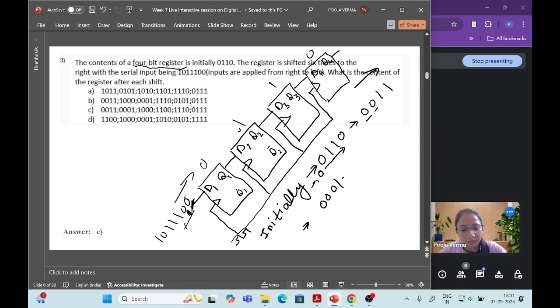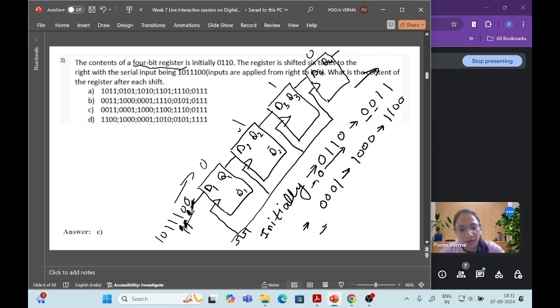Now again when the next clock pulse is applied, this 1 will come into this flip-flop and all other bits will shift by one bit. So again 1 0 0 0, right? When we apply the next clock pulse, this 1 will come into this flip-flop and all those bits shift by one place. So 1 1 0 0.